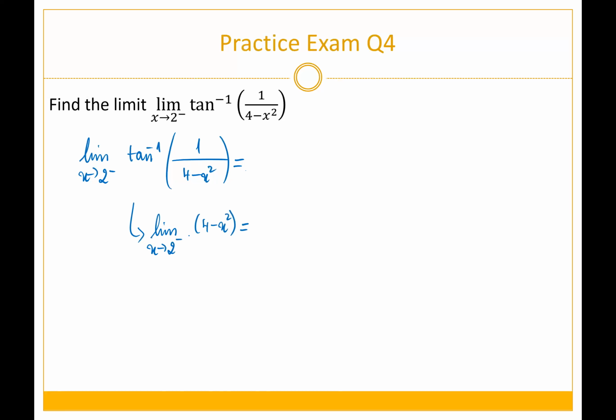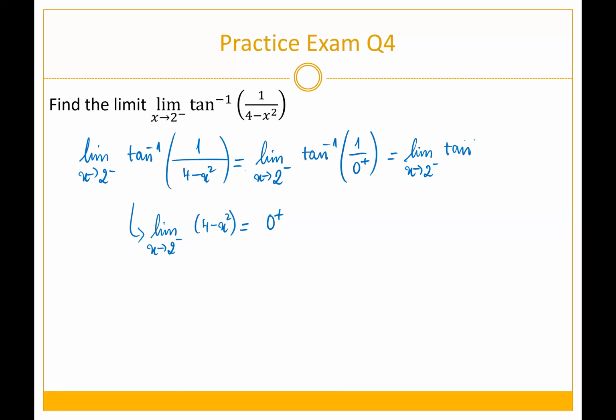When x approaches 2 minus, it's a smaller number than 2, and when you square it, it's a smaller number than 4. So this thing is going to approach 0 plus. Therefore, this entire thing is inverse tangent of 1 over 0 plus, which is going to give you infinity.